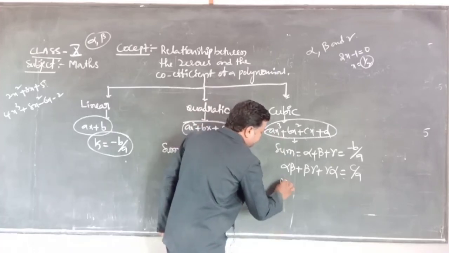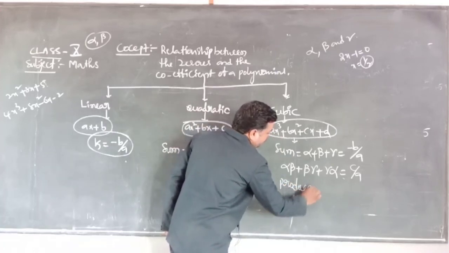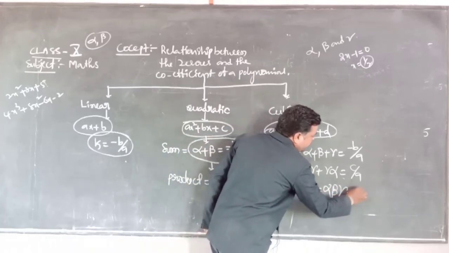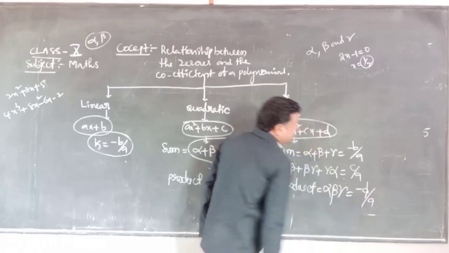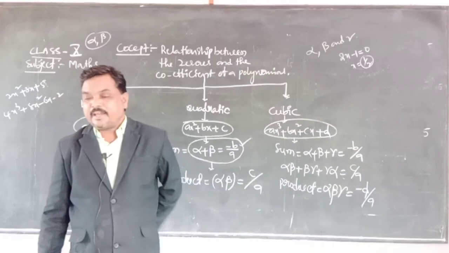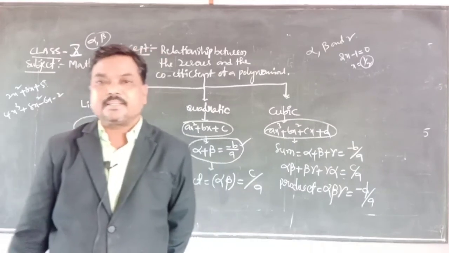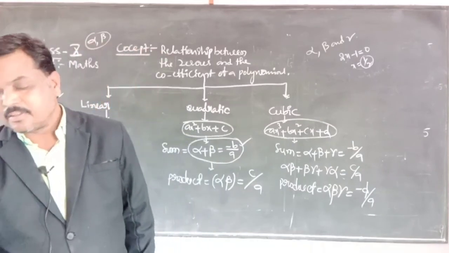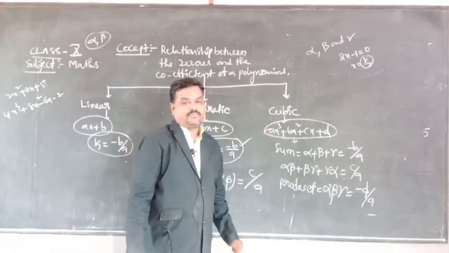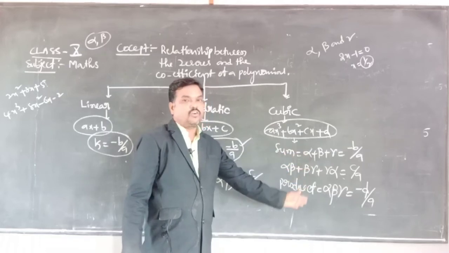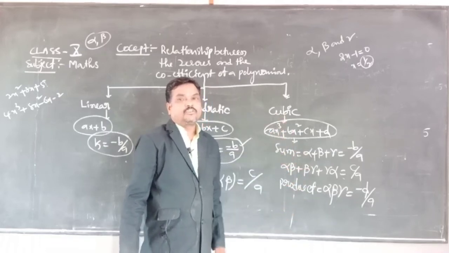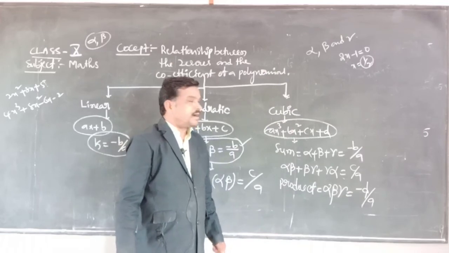Then the product alpha into beta into gamma is minus d by a. It means minus the constant by the coefficient of x cube.